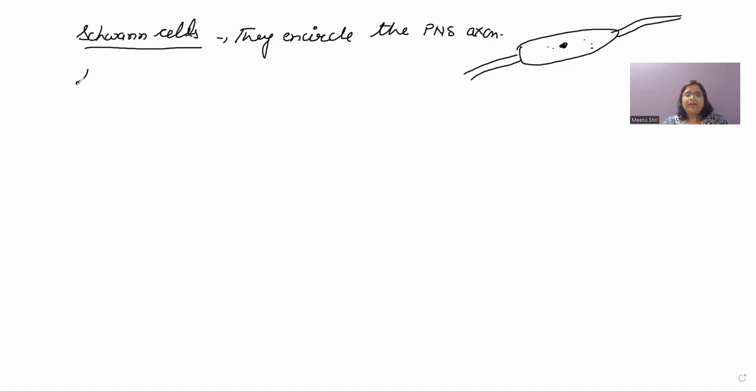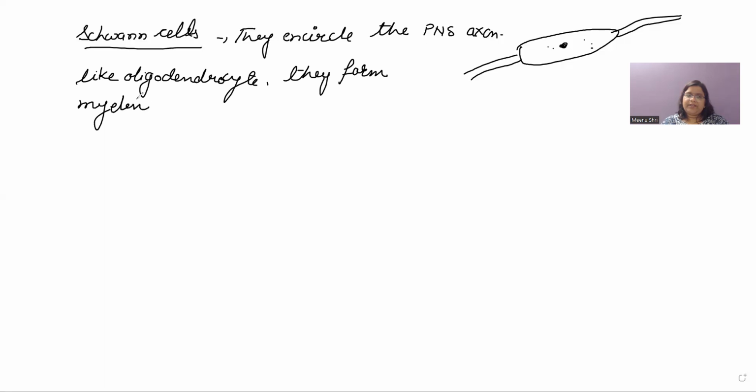Like oligodendrocytes, they form myelin sheath around the axons of peripheral nervous system neurons.